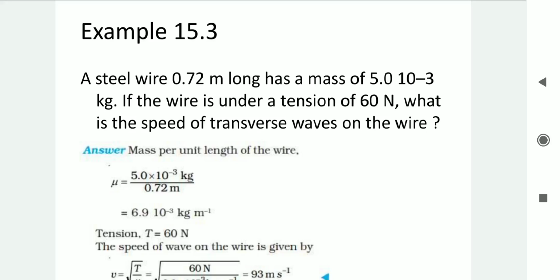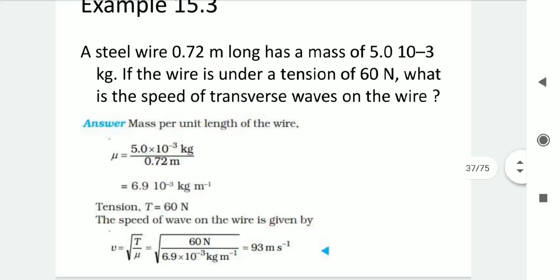Mu equal to m by L. Here m is given as 5 into 10 raised to minus 3 kilogram, and L is given as 0.72 meter. By substituting those values, we get mu equal to 6.9 into 10 raised to minus 3 kilogram per meter.